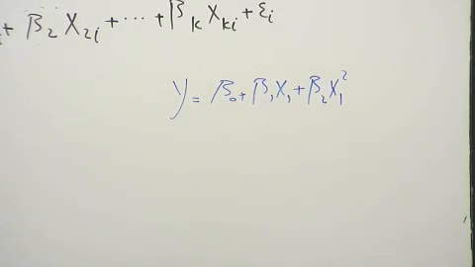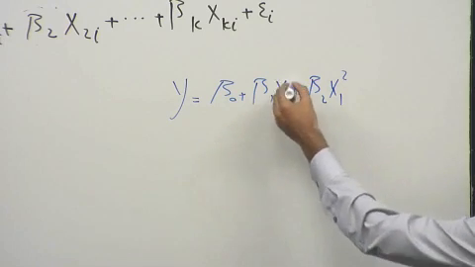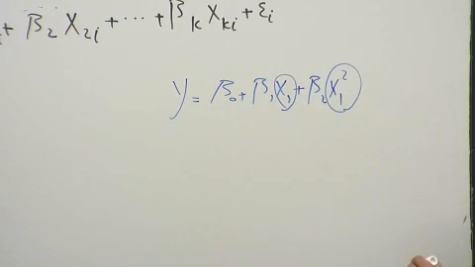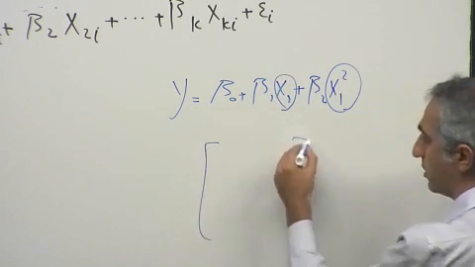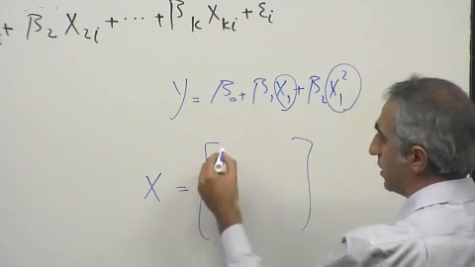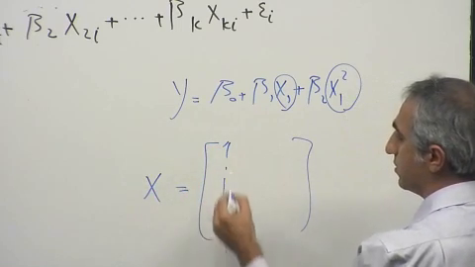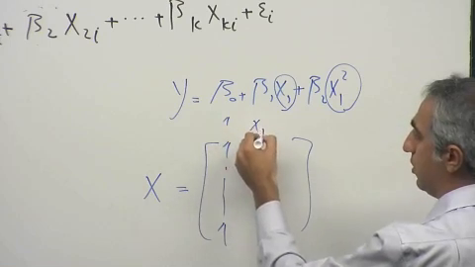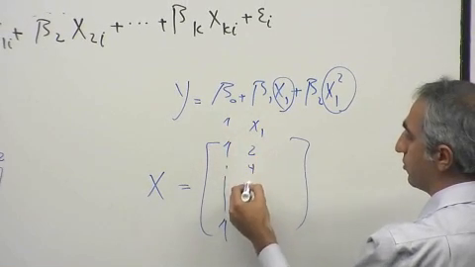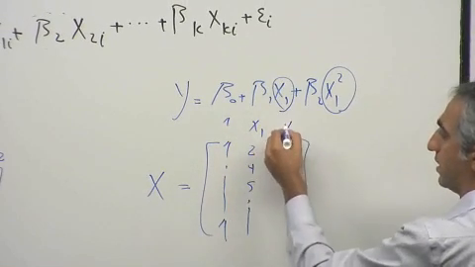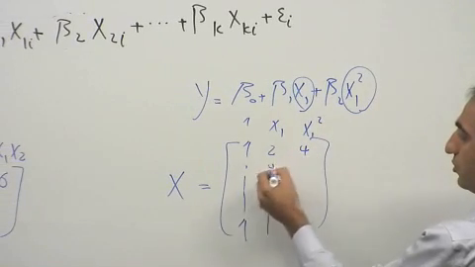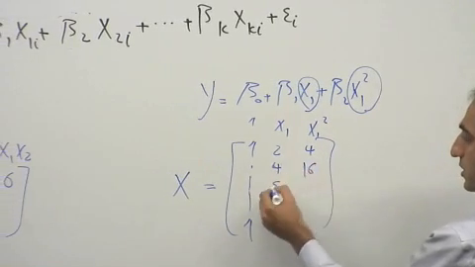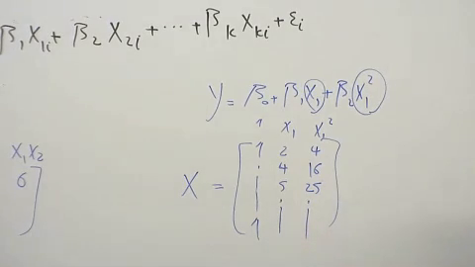Although you have 1 variable, in reality you have more than 1 variable. 1 variable is this guy, 1 variable is this guy. So what you do, your design matrix, again, is 1s, x1, 2, 4, 5, whatever it is, and x1 squared, which is 4, 4 squared 16, 5 squared 25, and so on and so forth.